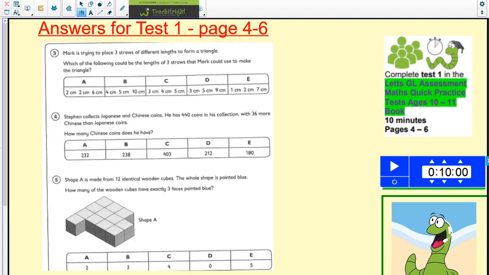The rule with a triangle, if I've got my long line here, I'm going to draw my 2 other lines. In order to make a triangle, I have to have it so that these 2 are long enough to reach each other. Because obviously currently, this is not a triangle, it doesn't quite work out. So the way I would write this is, by adding together the 2 smaller sides, it has to be longer than the longest side.